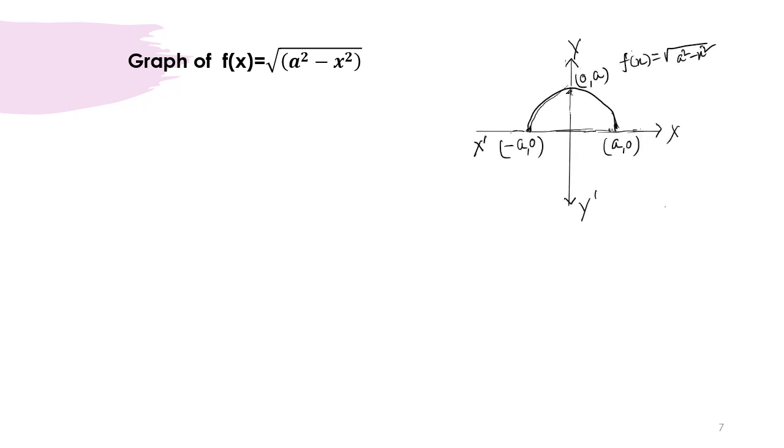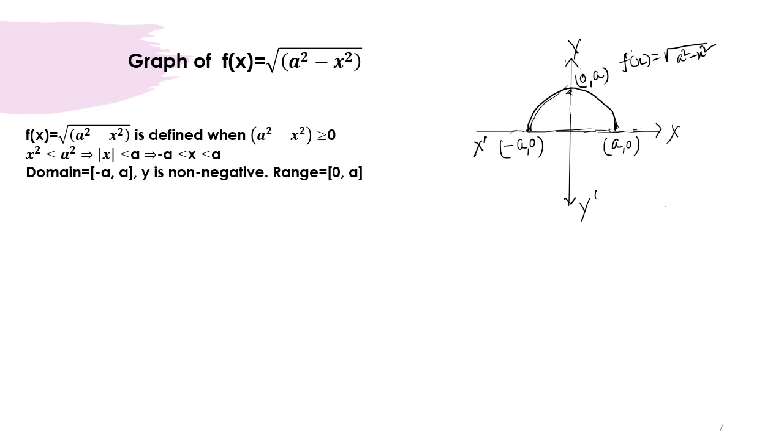And I have just added two or three functions' graphs. See, the first one is f(x) = √(a² - x²). In fact it is one type of square root function, you can also call it an algebraic function. Such questions are already in the 11th standard NCERT exercise.